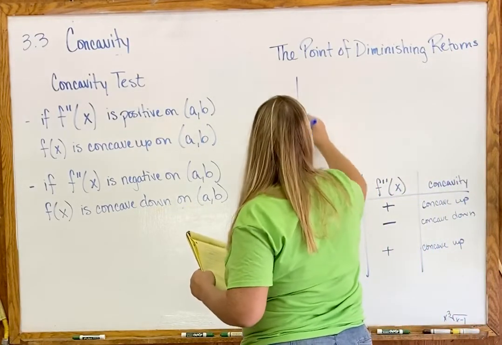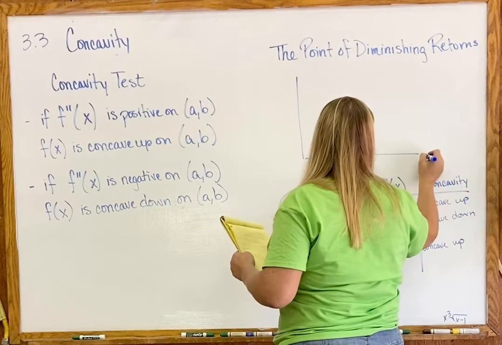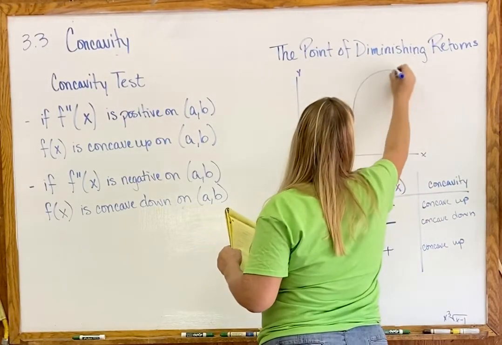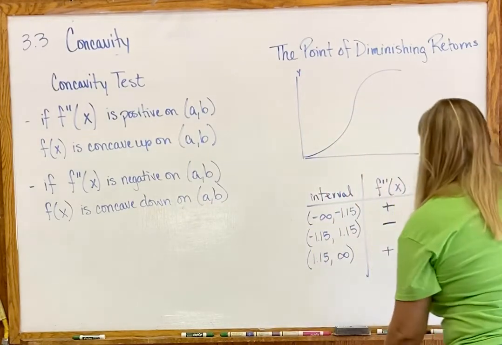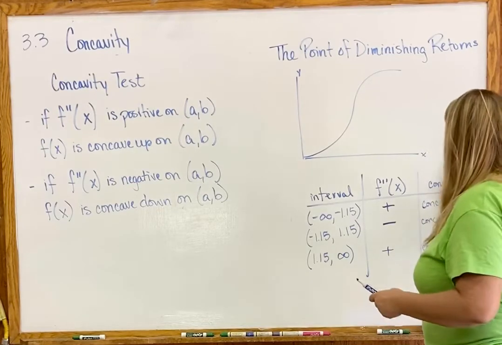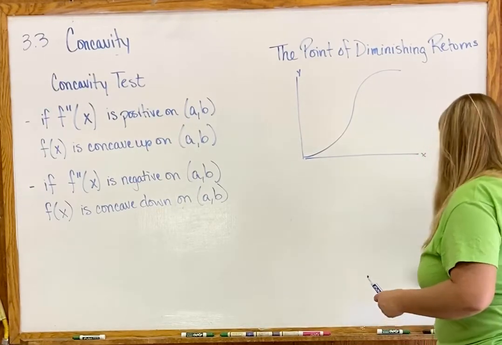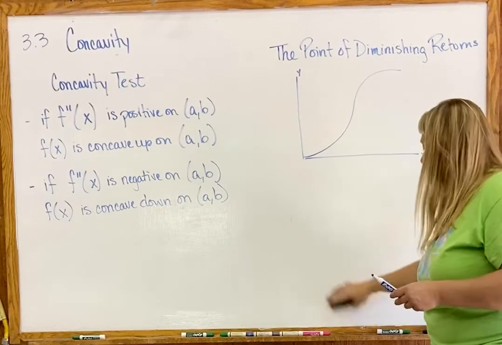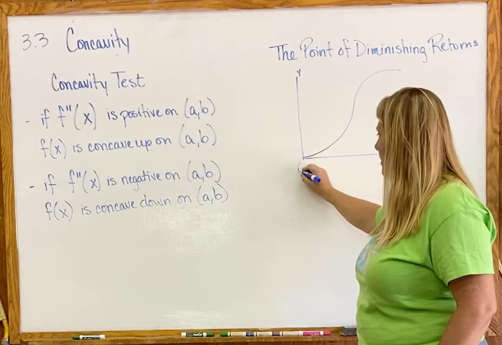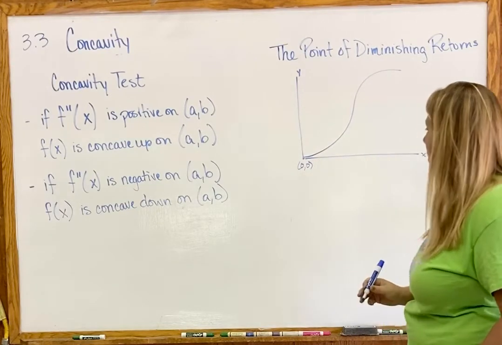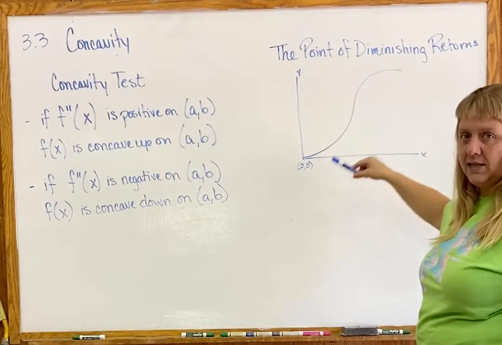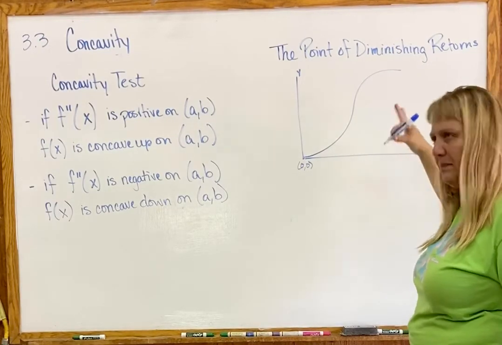So as an example, in a business application, we might see a graph that looks something like this. Okay, so it's not a whole XY graph because we're definitely going to start at 0, 0 because it's a business application. But what we want to understand is how this affects us in a business sense.